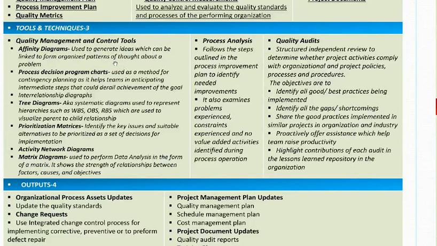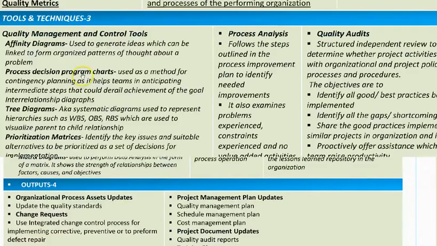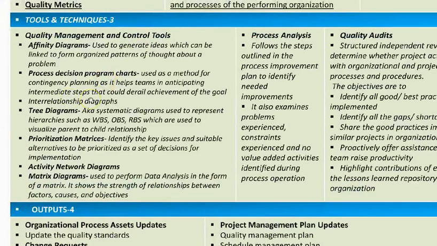The process decision program charts are used as a method for contingency planning, as it helps teams in anticipating immediate steps that could derail achievement of the goal. Then we have interrelationship diagrams as well.